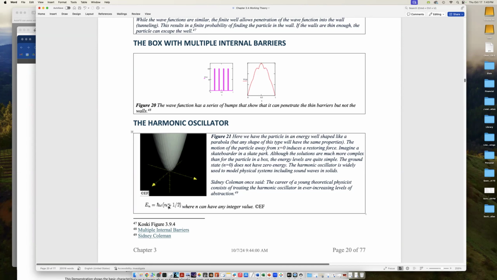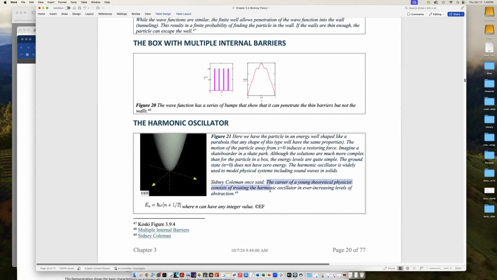Just look at this part: N plus a half, where N can have any integer value. That means that the harmonic oscillator always has this little bit here. It never has zero energy. So the lowest energy level, the ground state, of a quantum particle in a harmonic oscillator, does not have zero energy. It's sitting down there rattling around.